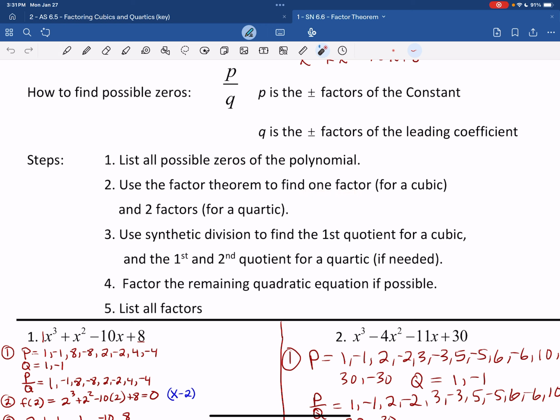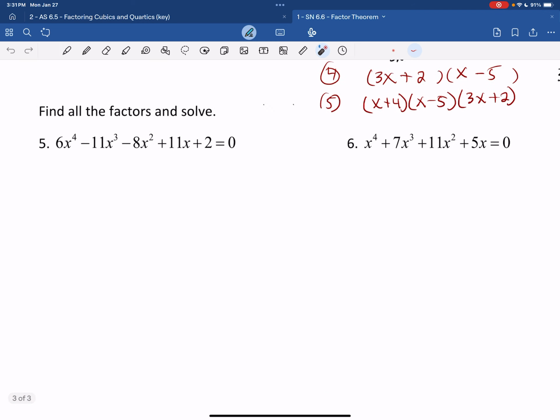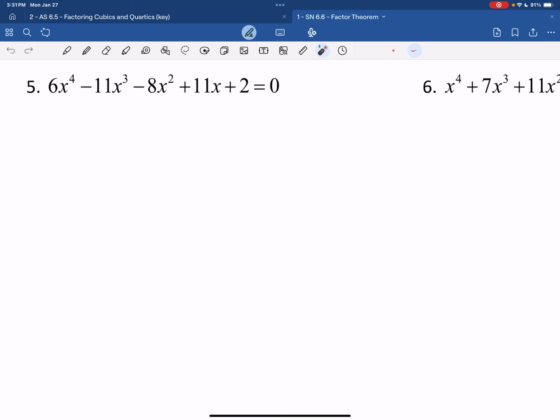Then we use synthetic division to find one quotient for a cubic and the first and second quotient for a quartic. So that's how I'm going to solve number 5: I'll find 2 solutions, and then do the synthetic division twice. So let's go ahead and get started.